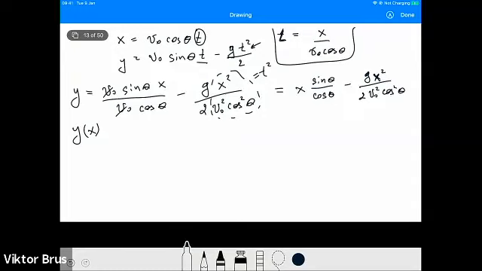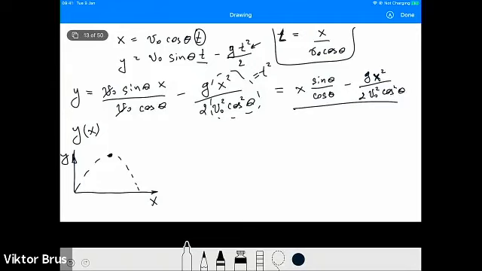We know that our trajectory looks like this. This is x, this is y. This is the equation which describes this trajectory. And here is the maximum of this function, y versus x.